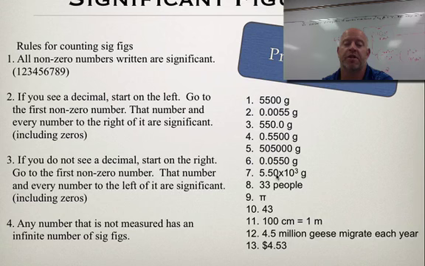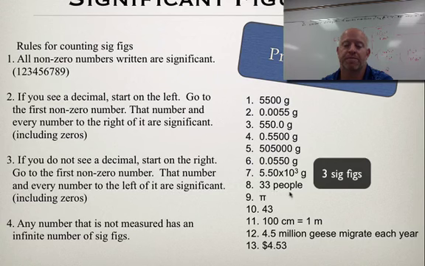There's never a reason to write a 0 that isn't measured. I sometimes tell students, if you're not sure if a 0 is significant or not, write it in scientific notation, and if it falls off, it wasn't significant. Here, this 0 wasn't required, but we put it there to show significance, so it is part of the measurement. So number 7 would have 3 significant figures.